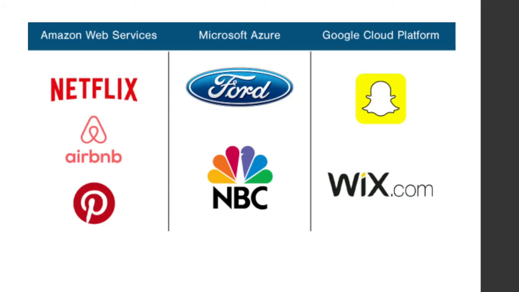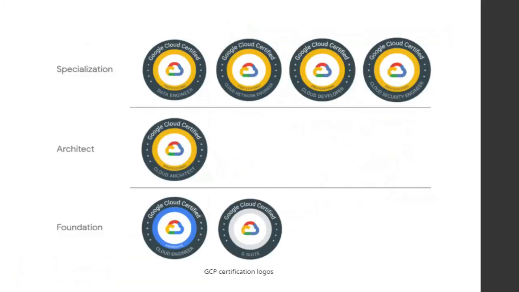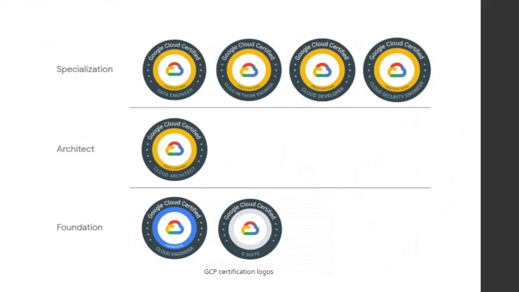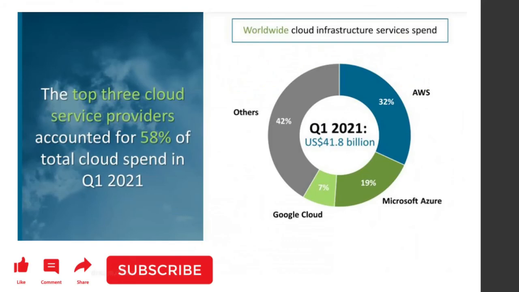These are famous brands running on top of cloud services. On the Google Cloud Platform, Wix is one example. I hope you got some examples and a better understanding of which certification you have to take, either Azure, Amazon Web Services, or Google Cloud. You can decide according to your skill set and your aspirations.